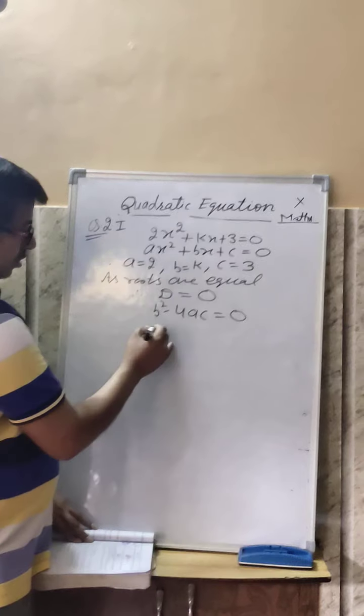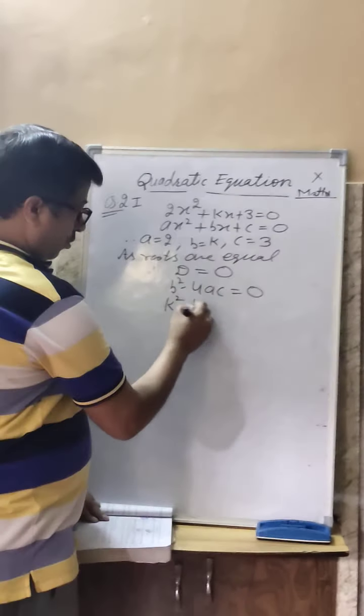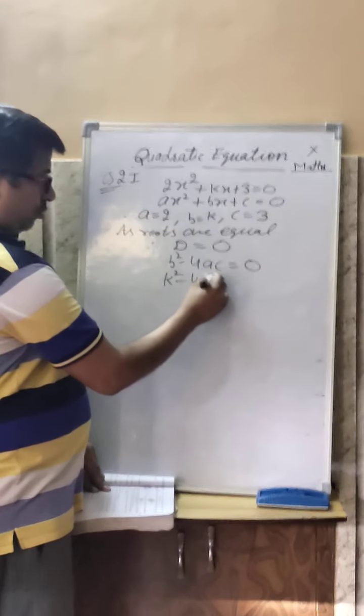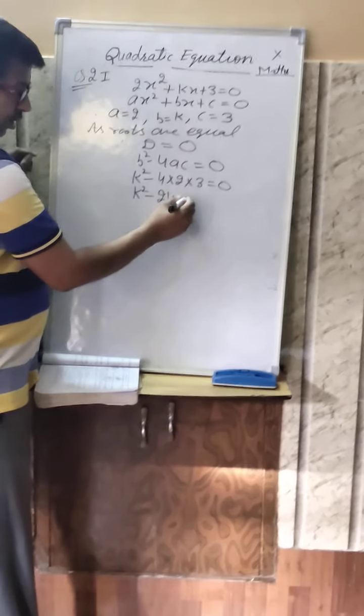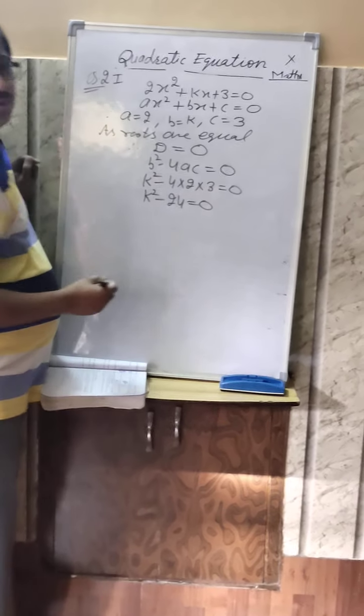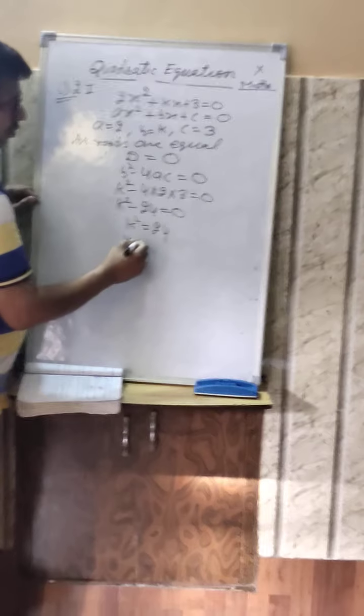So the b value is k square minus 4ac, 2 into 3, equal to 0. So k square minus 4 times 2 times 3, 24, equal to 0. So k square is equal to 24.